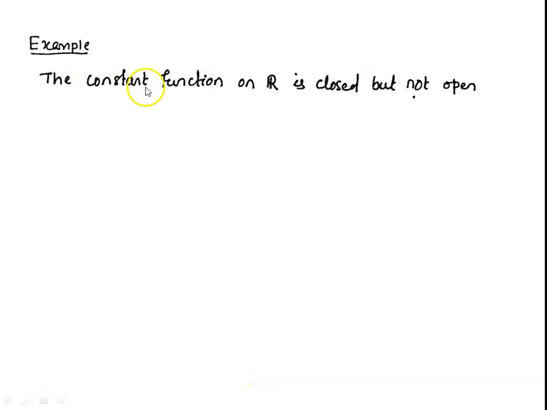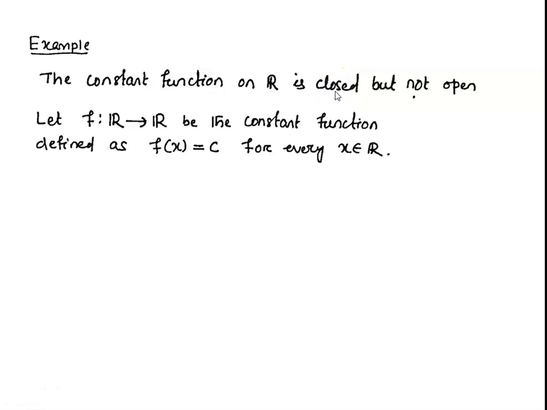Now let us show that the constant function on R is closed but not open. Let f from R to R be the constant function defined as f of x is equal to c for every x belongs to R. Now we have to show that this function f is closed but not open.